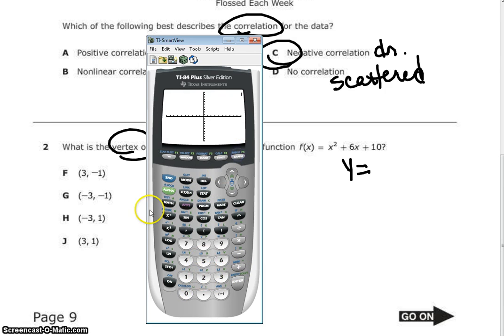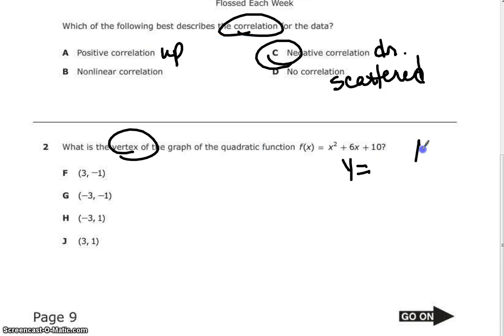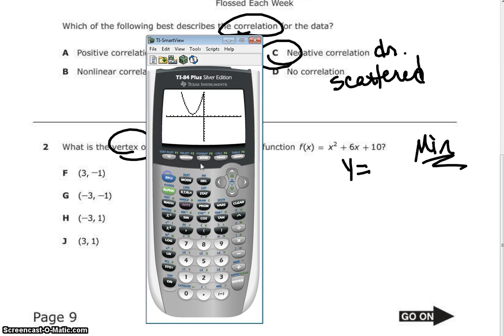Look at your graph just to kind of get an idea what it looks like. Okay, my vertex is going to be at the bottom. Okay, if it's a low spot, that means that it's going to be a min. So you're going to go second, calc, minimum, which is number 3. Go to the left or get before the vertex. Press enter. Go to the right until you go past the vertex.